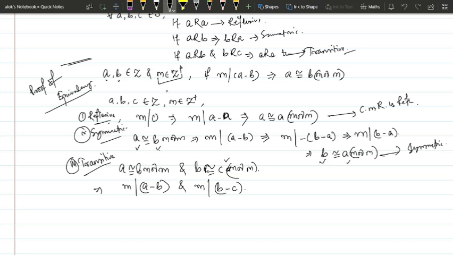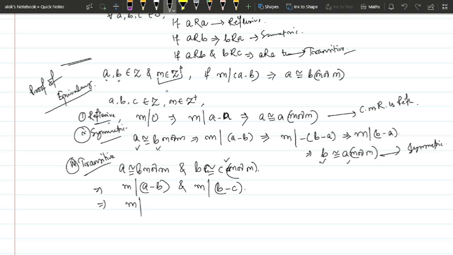Now, by the property of division, we can also write that M divides the sum of these two numbers, as M is a multiple of these and a factor of these.